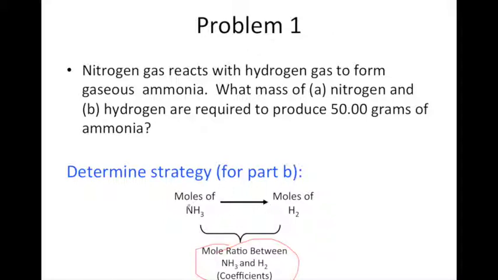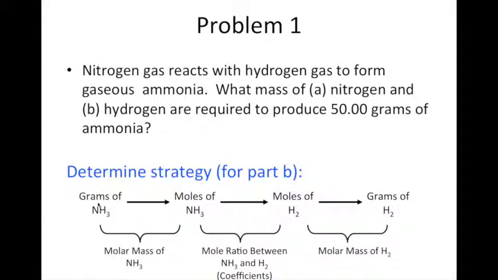However, I need to get first from grams of ammonia to moles of ammonia. So I'm given 50 grams. I can use the molar mass of ammonia to get to moles of ammonia. Then I can use my balanced chemical equation ratio. That will tell me how many moles of hydrogen are required. And then to get to grams of hydrogen required, I use the molar mass of hydrogen, H2.